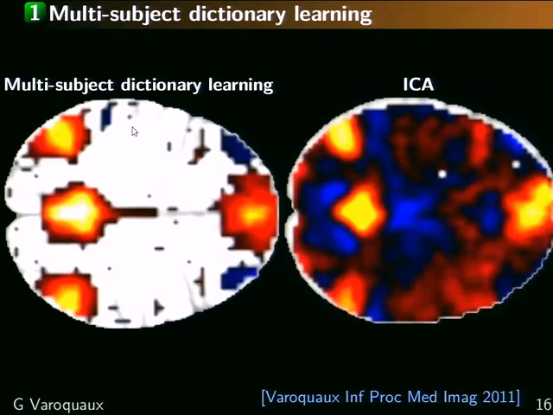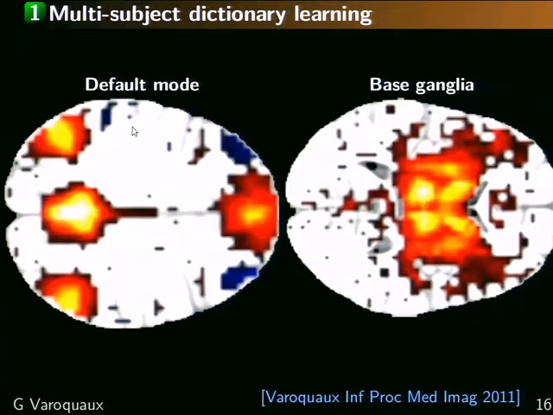I also should say that the ICA has no spatial model, so we need to smooth it. Here we don't need to smooth it because the smoothing is in the penalization. Our penalization is doing smoothing as the prior rather than smoothing the data.